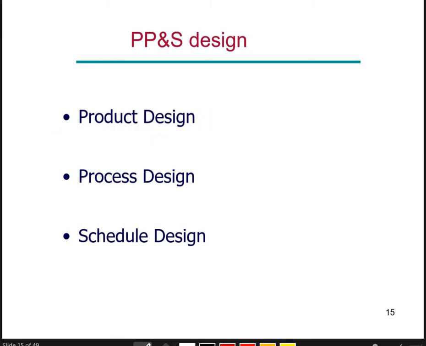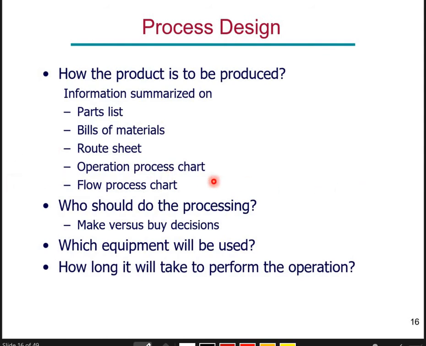Also, the second is the process design, and in process design we answer the question of how this product is produced. Okay, and the information on this, how this product be produced, is listed in several different types of lists or charts or figures.